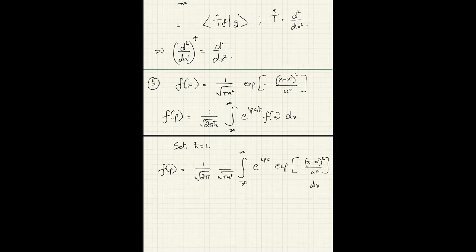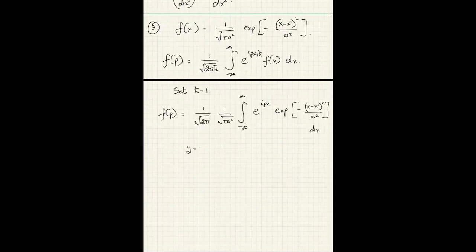Okay. Now I'll do a slight change of variables. I'll call y equals x minus x prime. And notice that the limits don't change and dx is also the same as dy. So I can write my f of p as 1 over square root of 2 pi, 1 over pi a square. So this becomes minus infinity to infinity e to the ip, x is now y plus x prime, e to the minus y square over a square dy, because dx is same as dy.